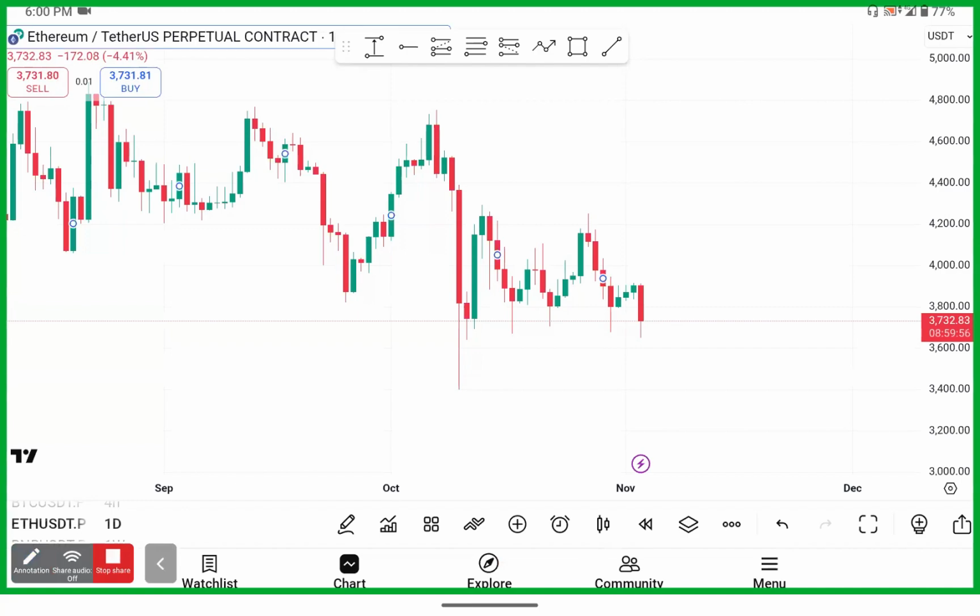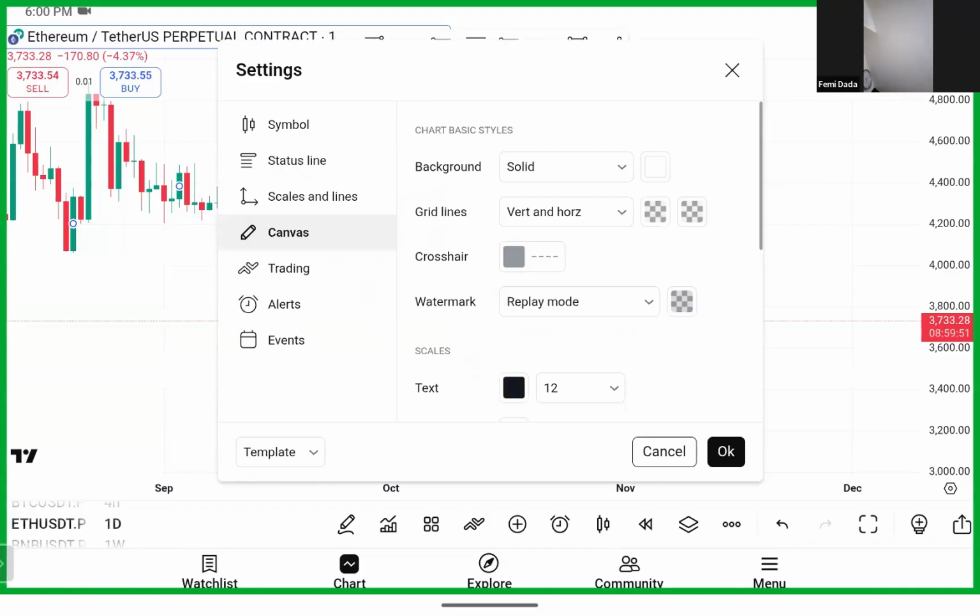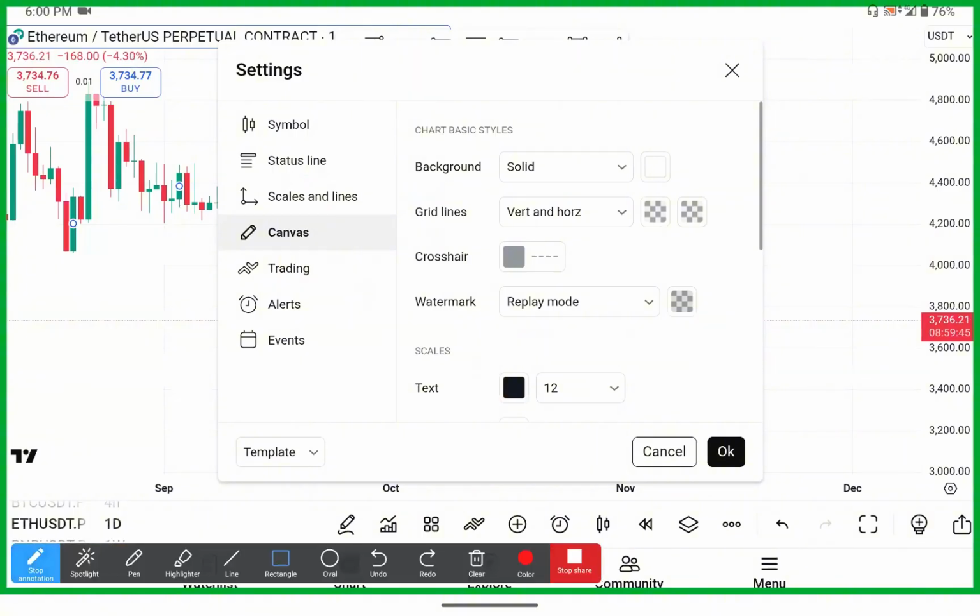You just tap the bodies of the candle twice. Then it will show up, and you tap on Symbol. I hope you see that part. Are you seeing this part of Symbol?